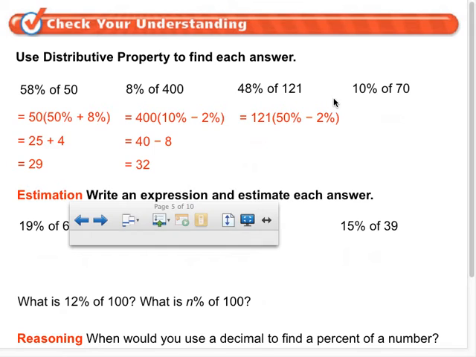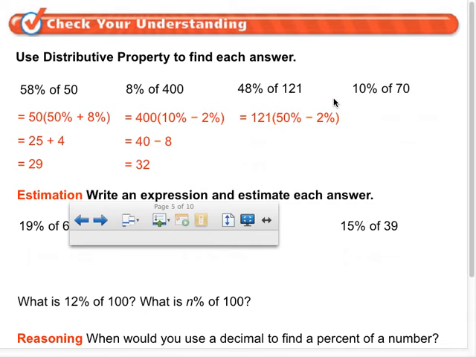Shh, there's way too much talking going on. Calculate that out. 50%'s easy. Can somebody tell me what 50% of 121 is? When we finish this. What's 50% of 121? 60.5.